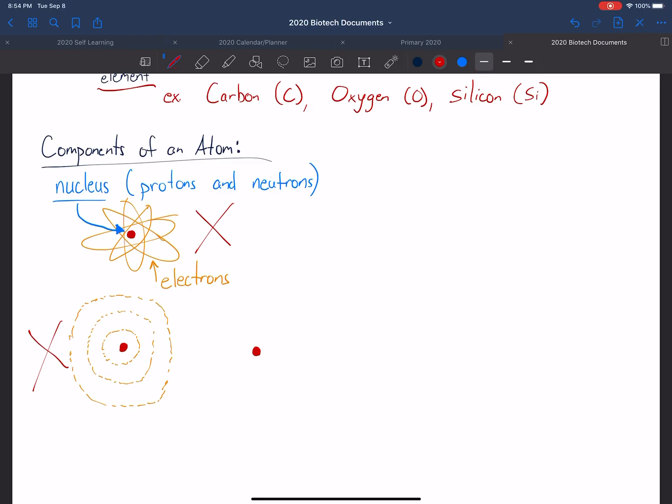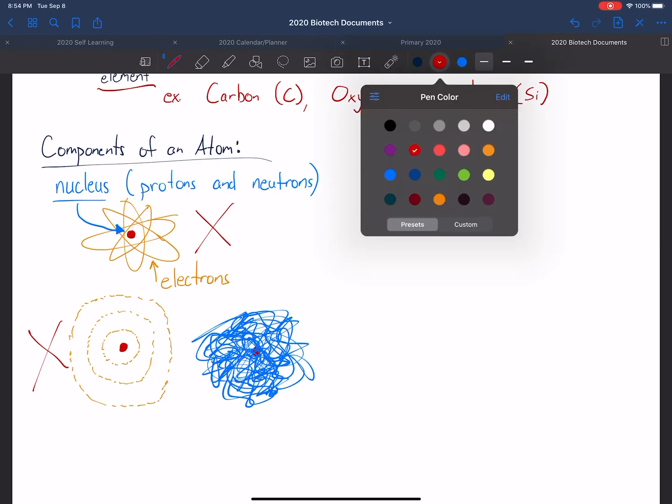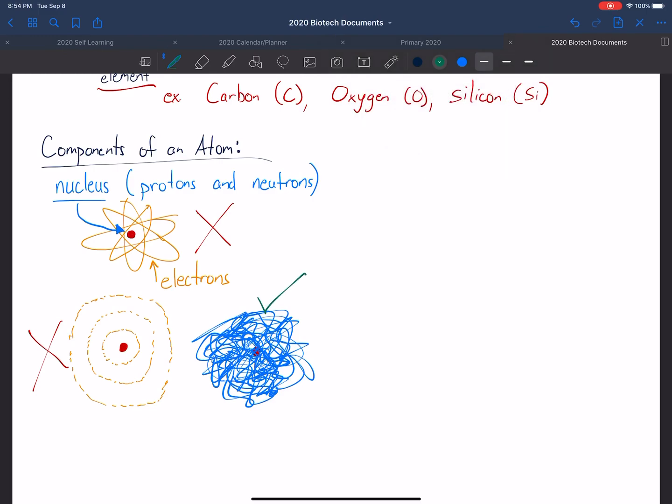And then for all of our electrons and things, it's more like this path that just is unpredictable and all over and layered on top of each other and just zigzagging and totally unpredictable. That's maybe the closest representation that we'll get if we're drawing this. So that's our atom picture, denoting where all of those things are located.